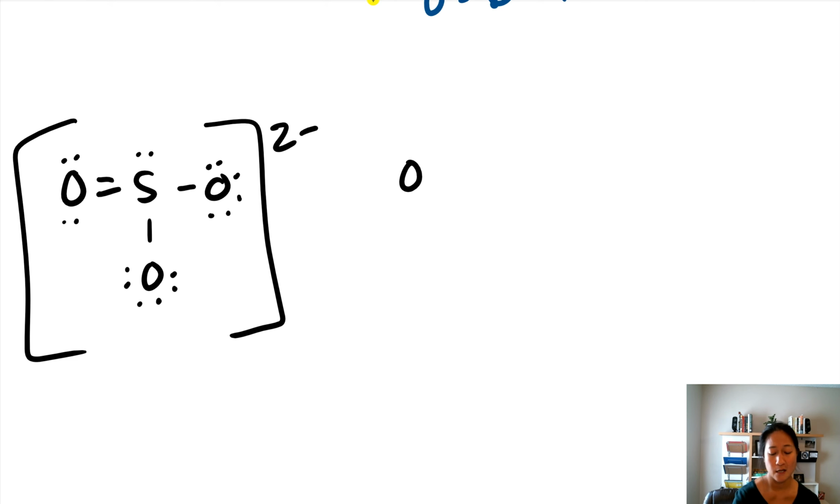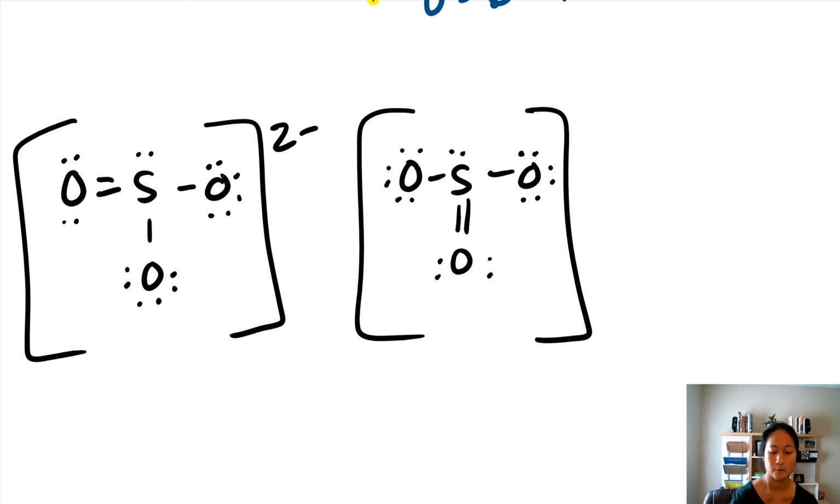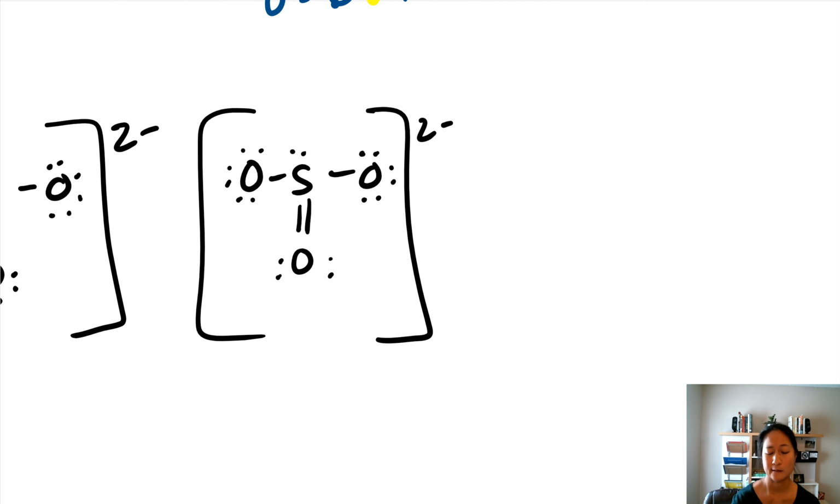And so let's say I chose to make the double bond with the oxygen at the bottom. And your structure would look like this. -2 square brackets. That's valid. Or could I have decided to make the double bond between the oxygen on the right? Sure.